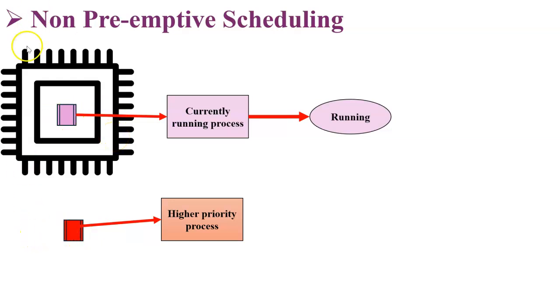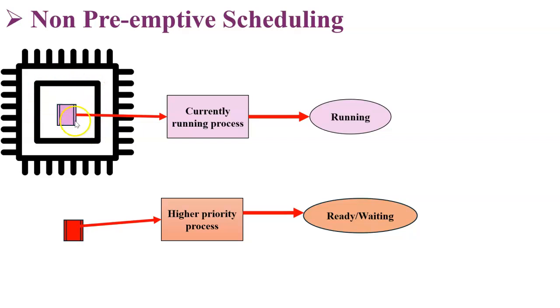But which scheduling are we following? Non-preemptive. That means it will not interrupt the current process which is executing. So this process has to wait till the current process completes its execution, and only then will the CPU be allocated to this process of highest priority. This process will be in the ready or waiting state, because the CPU is not allocated to it even though it is the highest priority process.